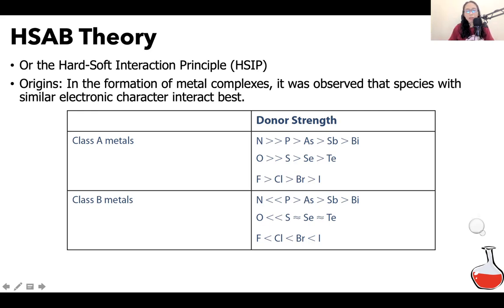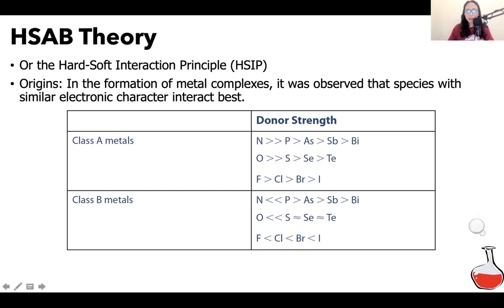So, class A metals would form more stable complexes with a molecule donating a pair of electrons from a nitrogen atom compared with a molecule donating a pair of electrons from a phosphorus atom.